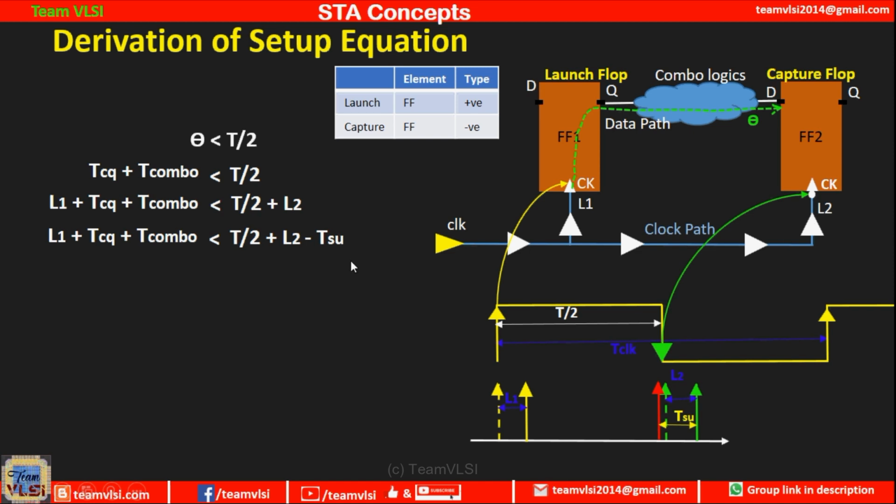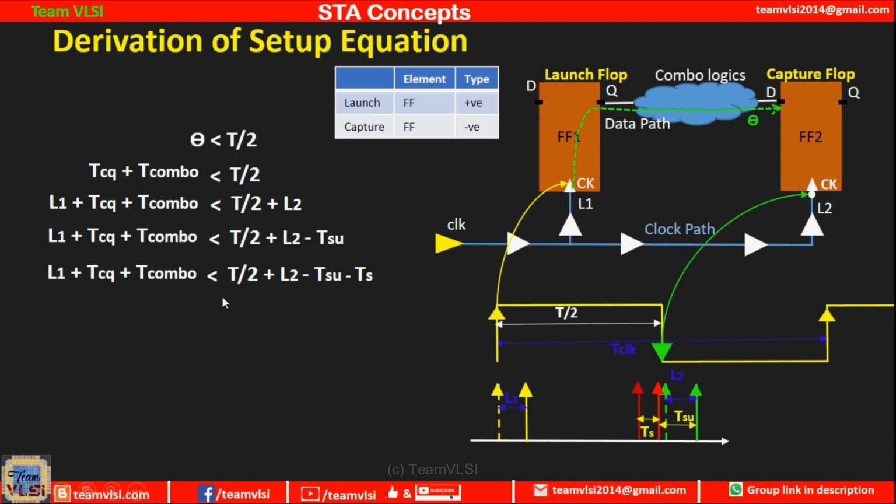So again we have to subtract the setup time on the right hand side, because the data must reach the capture flop at this point in time, before the setup time. So let's subtract that.